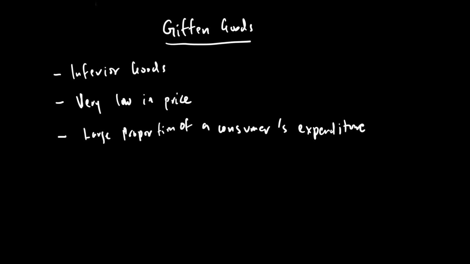A good example of this could be demand for rice or low quality rice in somebody's budget. Now, when the price of these goods goes down, the substitution effect should say we should buy more of these goods, because the price is going down, the rice is becoming relatively cheaper as compared to, let's say, bread.